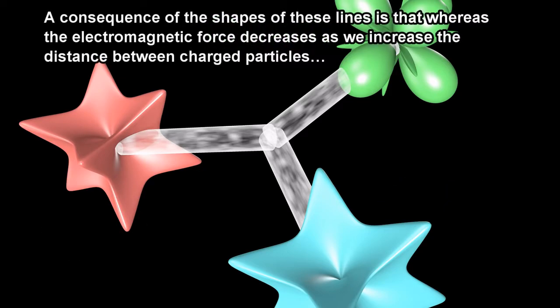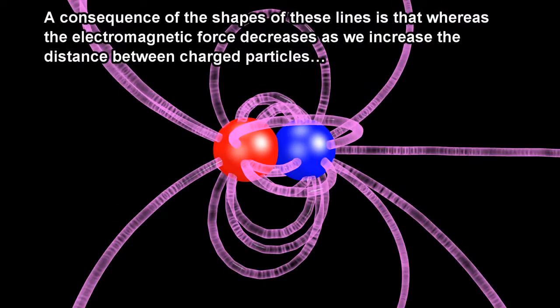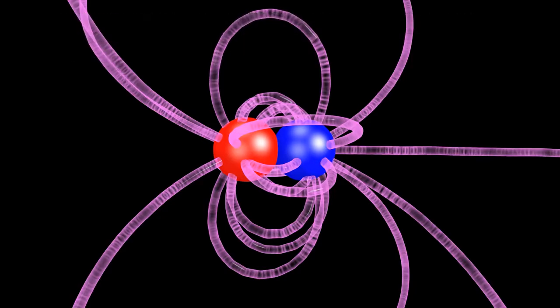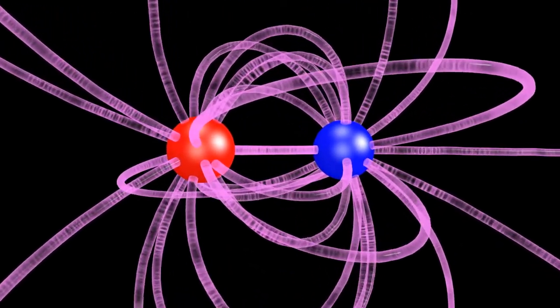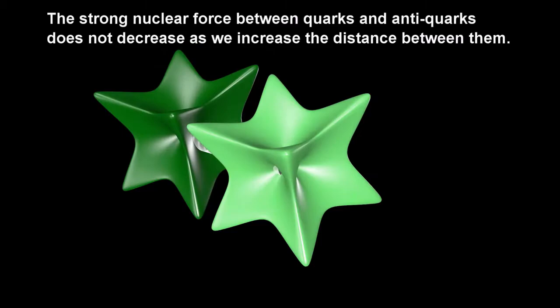A consequence of the shapes of these lines is that whereas the electromagnetic force decreases as we increase the distance between charged particles, the strong nuclear force between quarks and antiquarks does not decrease as we increase the distance between them.